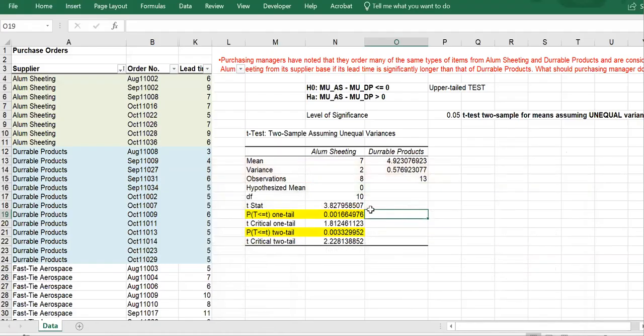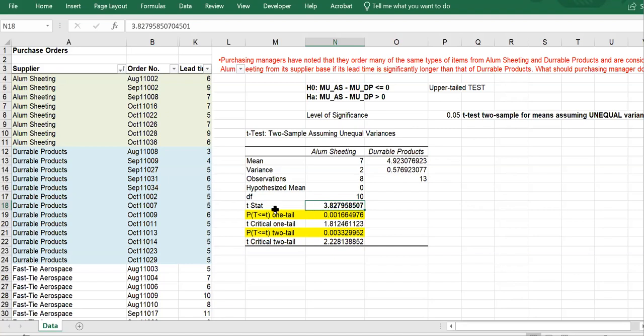So I'm just going to come back and take a look at the test statistic. It's positive. Therefore, the p-value that we have for one tail would be looking at the right side of the distribution. If the test statistic is positive, the p-value is a small number, less than a half for sure. If the test statistic is zero, this would be a half, 0.5, and left and right will both be 0.5.